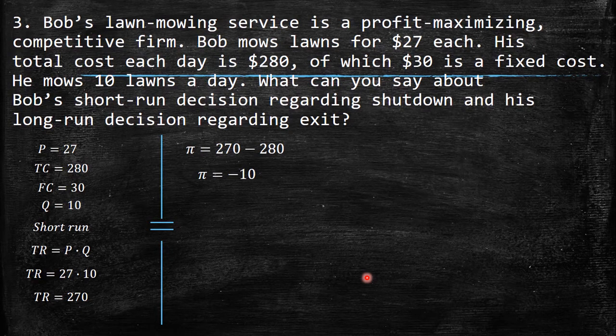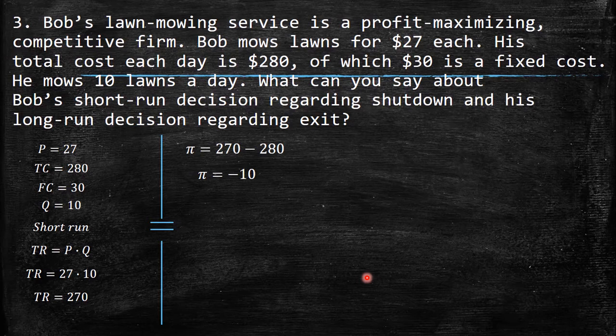So you will say the immediate question, say, don't do that. You are losing money. But why not? Why is it not a smart decision in the short run? It's not smart because if you don't mow anything, you still need to pay the fixed cost.